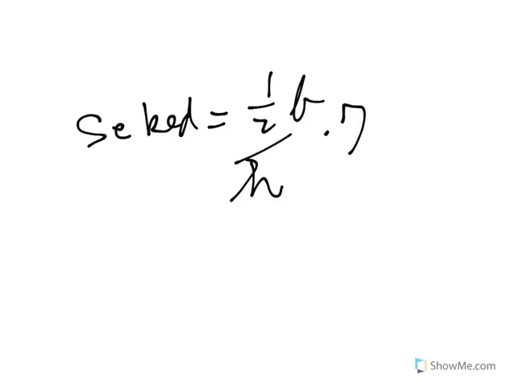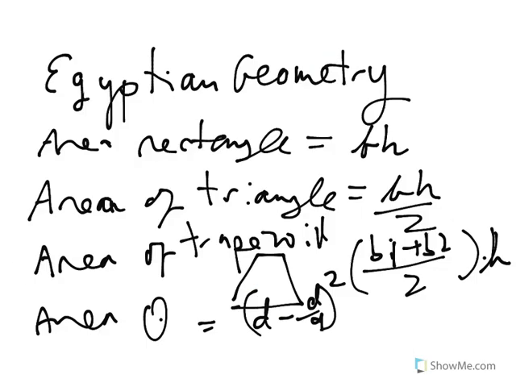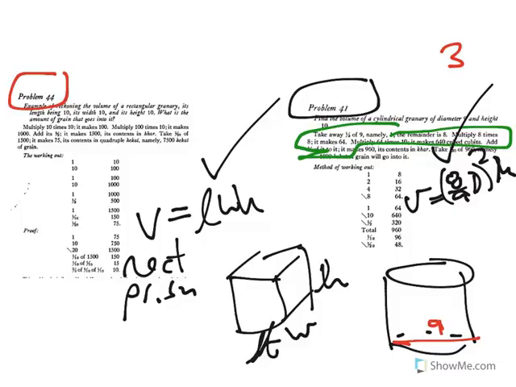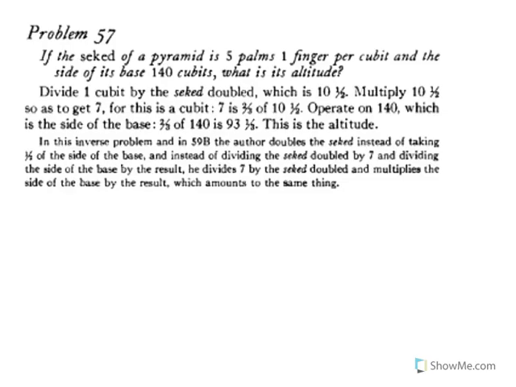Now we can apply that to other questions. See in problem 57, they tell us that the second is 5 palms and 1 finger. I think 1 finger is 1/4 of a palm.